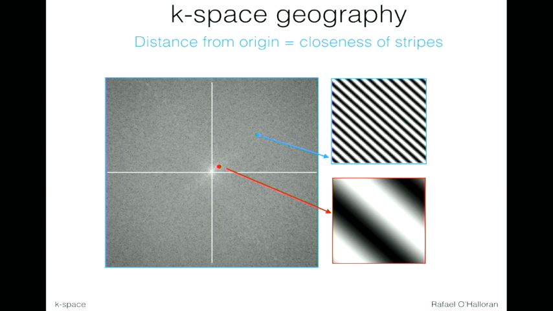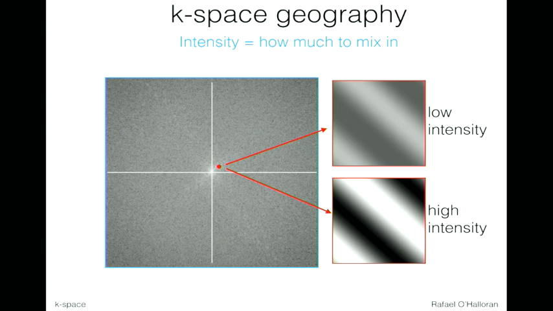So if I draw a dot that's close to the origin, that K-space pixel represents a stripe pattern that is wide, so they're broad bands, and then the one that's further out, away from the origin, is a narrower band stripe pattern. So now we've got ways to encode the direction and the width. And then, as I mentioned before, that intensity number, that value, tells us how much to use. So if the number is low, we don't use so much of the wave. If it's high, we use more of it.